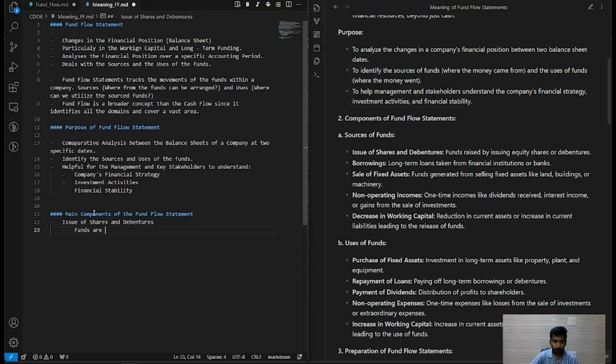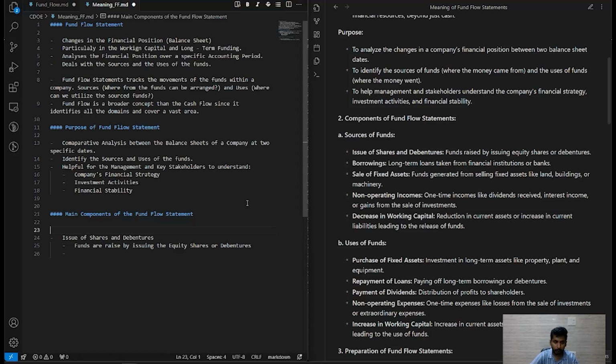Funds are raised by issuing equity shares or debentures. It is a part of the sources of the funds.